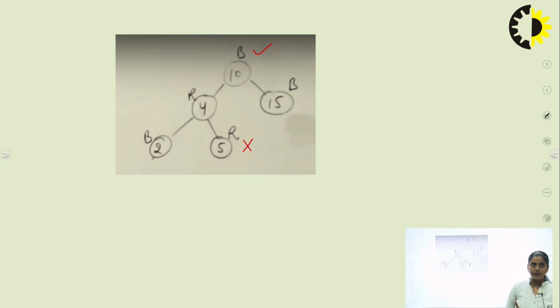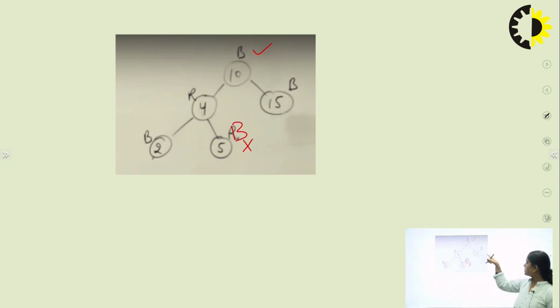One point, I want to tell you another thing. What is the criteria by which we can add a node as a child of any node? What is the rule actually? Suppose this is having black color.